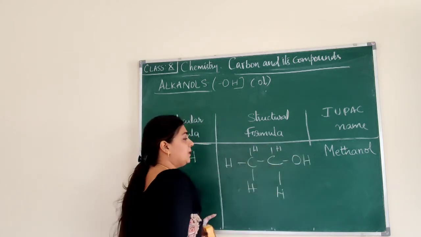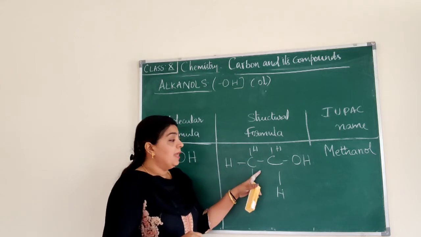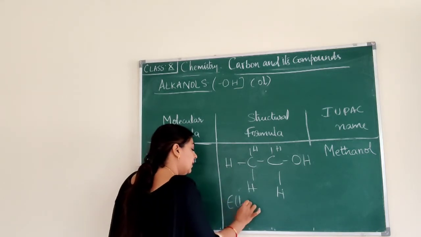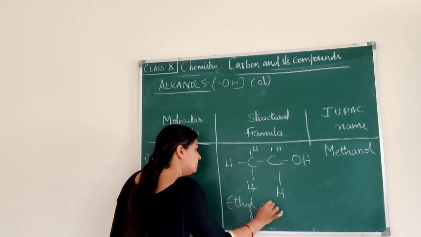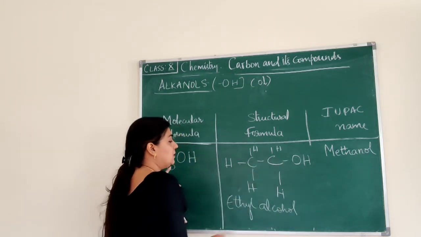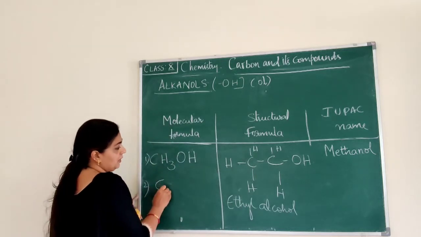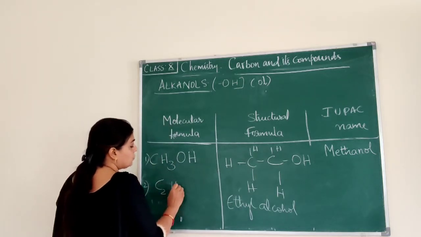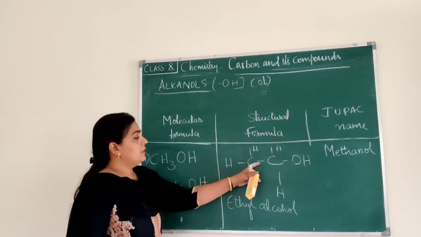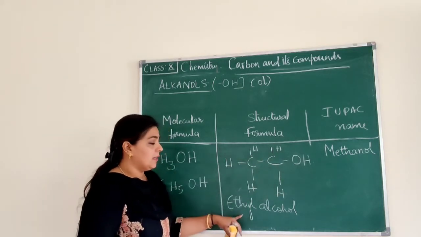So this will be the structure for ethyl alcohol. So what is the structural formula? It is C2H5OH. Ethyl alcohol.